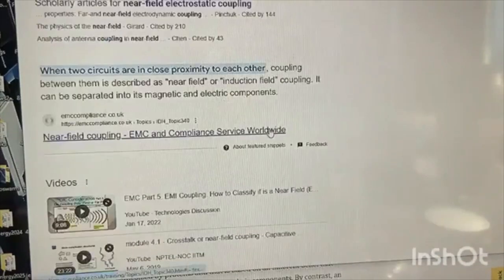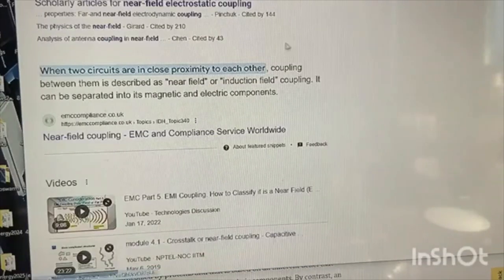using your body. Near field electrostatic coupling is when two circuits are close to each other. Yeah, your body is electrical. It's also a circuit of resistors and capacitors, which electrical engineers know very well, especially with their Smith chart.